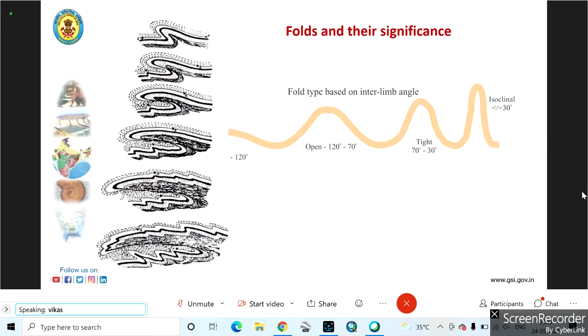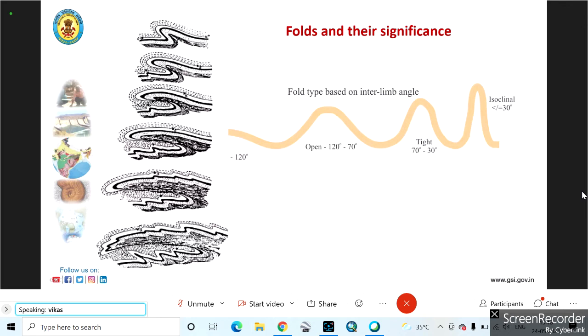Now the same concept, if you start to apply, you can notice it here. In this diagram on the left side, the top photograph is actually taken from one of the papers which discuss the generation of overturned beds. You can notice the upper part. These are asymmetrical folds. That is, you can see the axial plane is tilted, and it discusses recumbent folds actually.